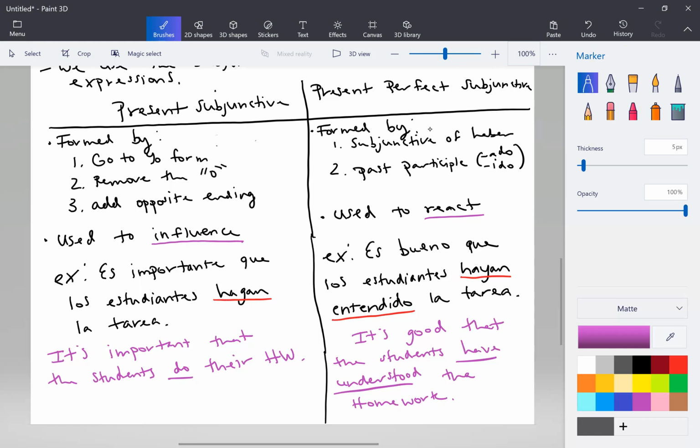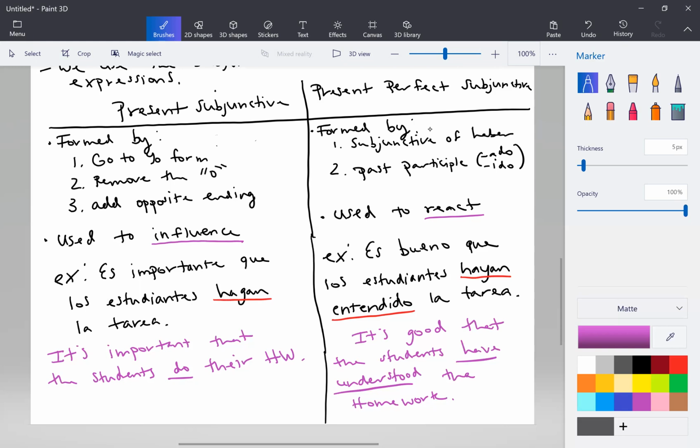Okay. So let me talk about your assignment that's going to be due, I guess on Sunday night or Monday morning. What I'm going to have you guys do is make a poster using the present subjunctive, and I'll put all of this into a written assignment so that you can look at it again.